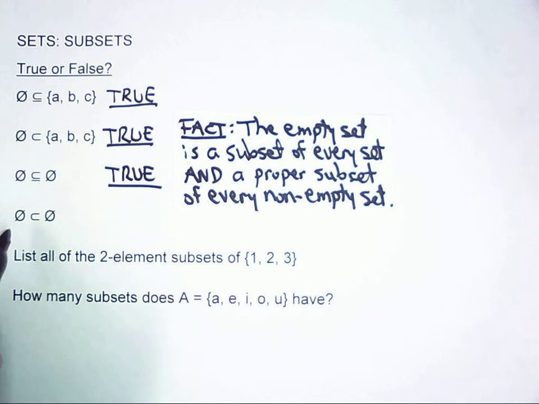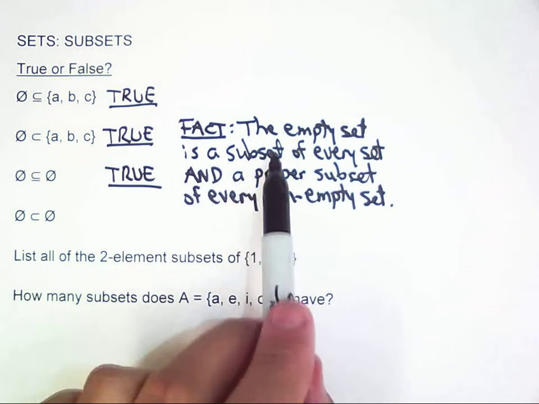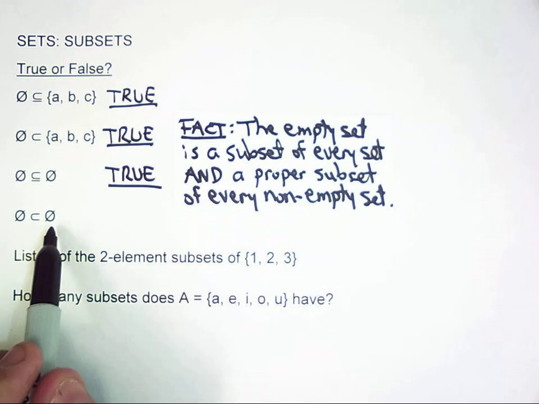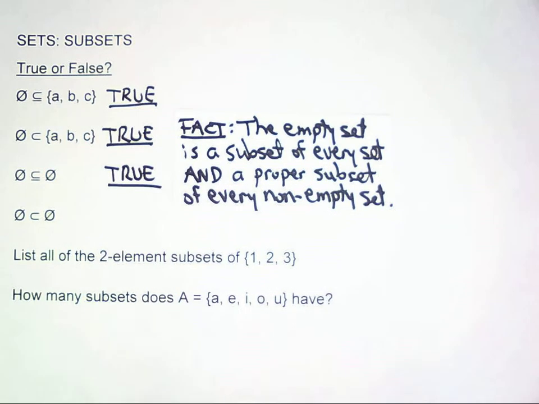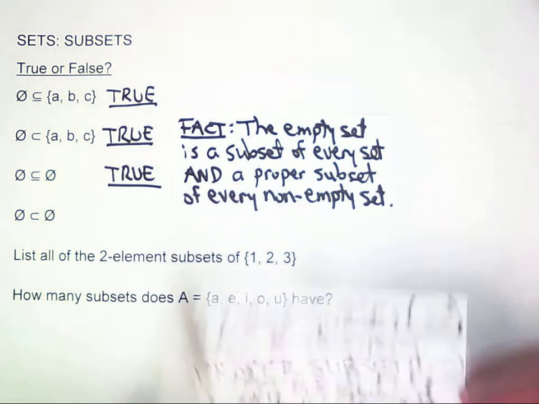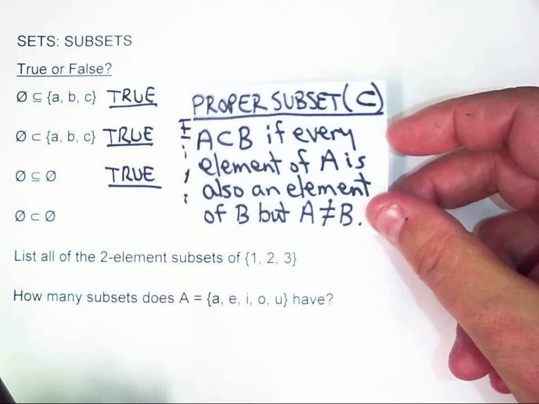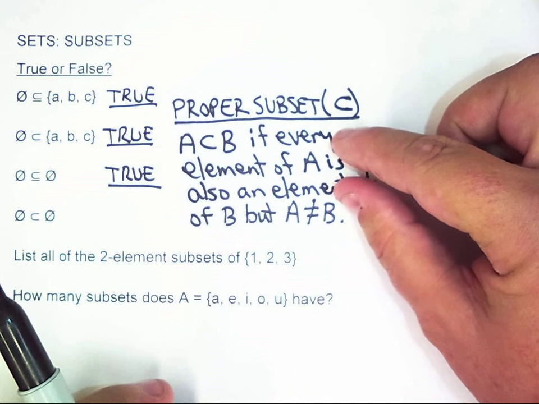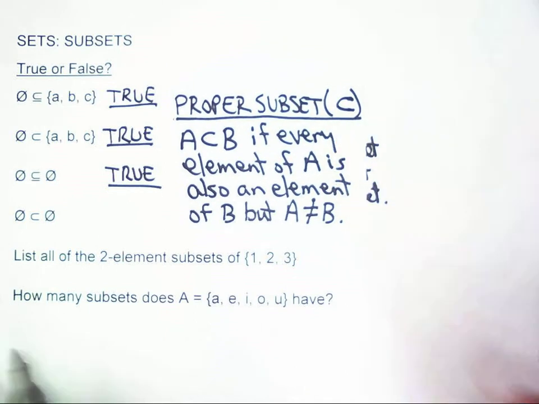The fourth one says the empty set is a proper subset of the empty set. Now you can look at this and say, well, the empty set is a proper subset of every non-empty set, and this is a non-empty set. But you could also go back to your definition of a proper subset to get the same confidence that the answer you get here is correct.